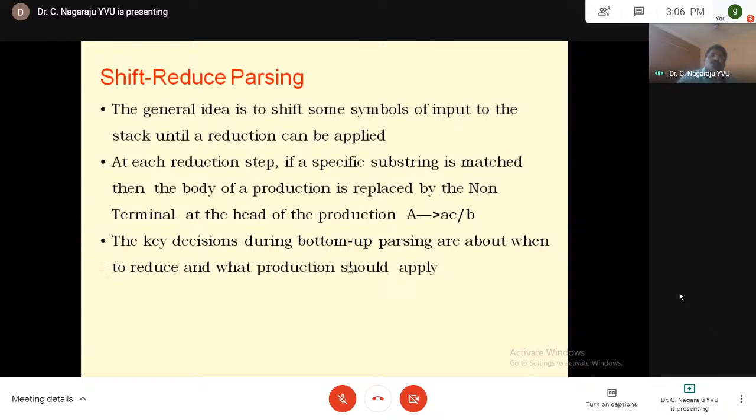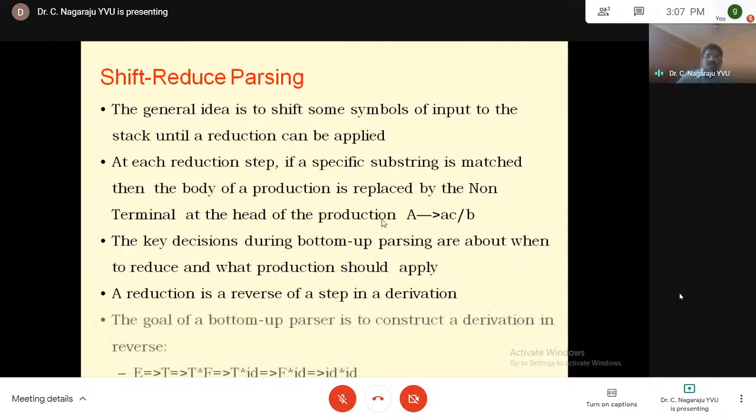One is when to reduce, and the other is what production should be applied. Suppose for one non-terminal there are two or more productions, which production do we have to choose? That is very important in the top-down and in the bottom-up parsers.